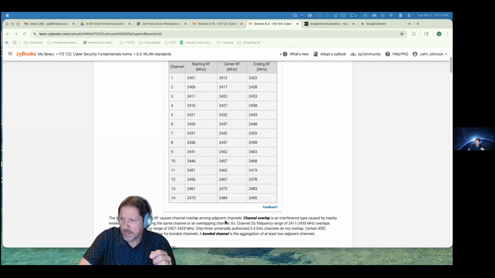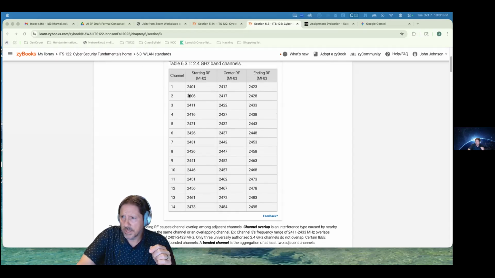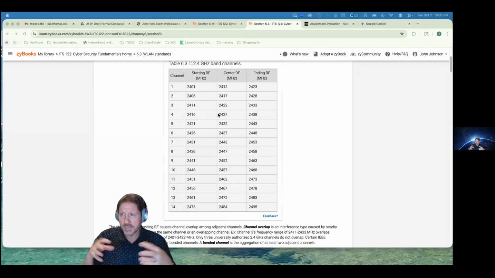But if you look here, it talks about channel overlap. Channel overlap is just the fact that each one of these, the 1, 2, 3, are all overlapping. They're using the same area. So if you're in a busy environment, let's say you're in an apartment or a dorm, and you've got wireless access going on and the guy next door has it and the person on the other side of you has it, you might be using the same channels there.